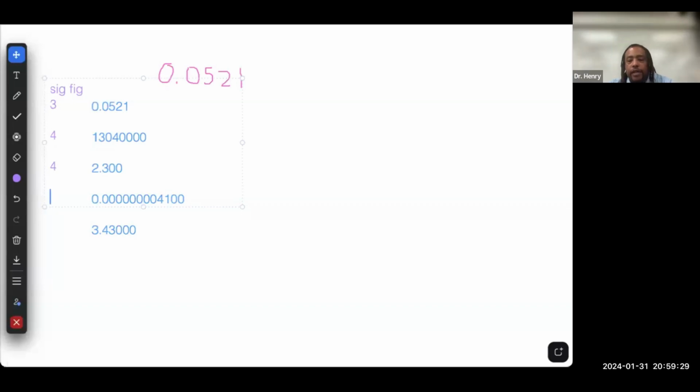Four, that's correct. And then what about the last one? That's right, 6. Good job. Okay, so you guys have a good grasp of sig figs.